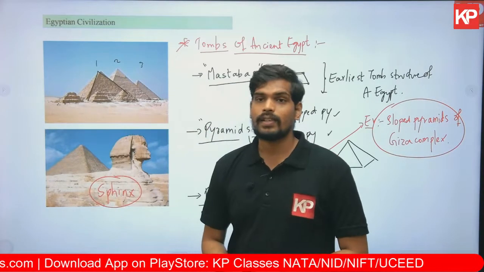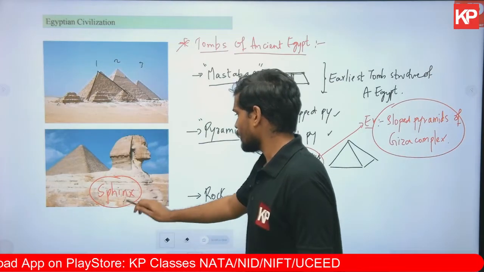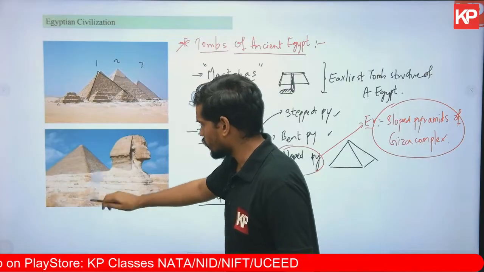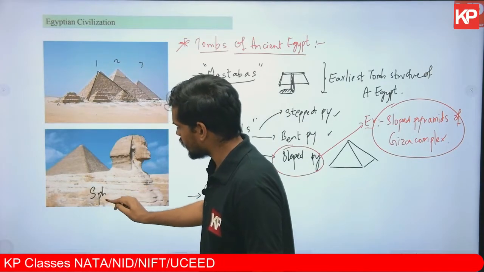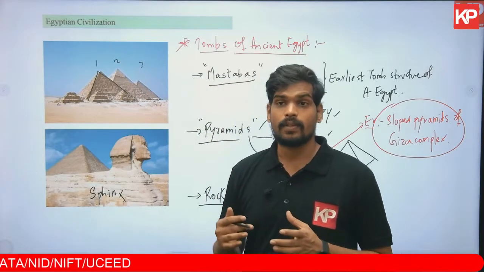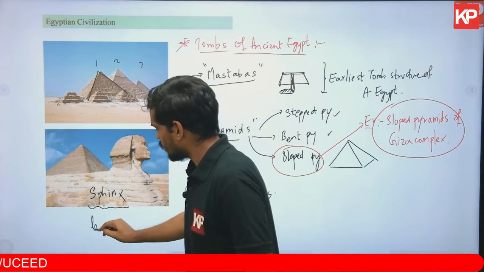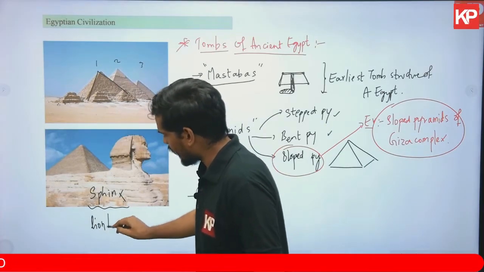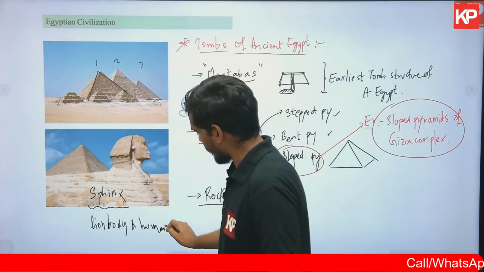A question was asked in NATA once, where they gave this picture and asked what this particular picture is, so you have to remember the name. Let's make a note of it. This is Sphinx. And what is Sphinx? It is a mythical monster, a sculpture with a lion body and a human face.